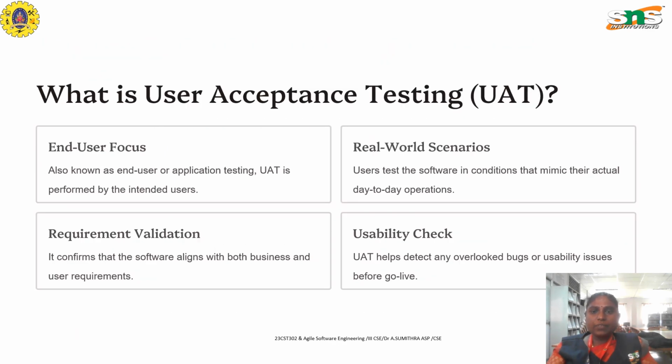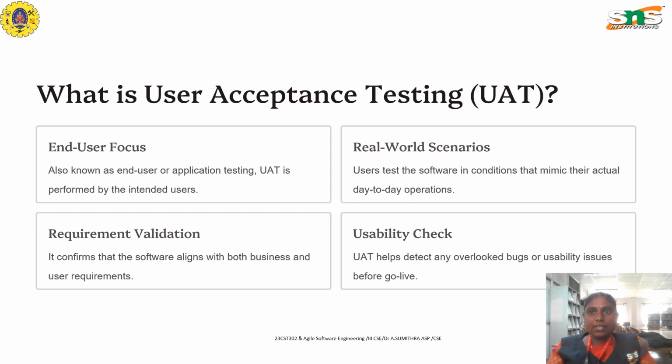The main purpose of this is validating the requirement, supporting user tasks, final quality check, and preventing defects. Validating the requirement is all about UAT confirming that the software fulfills the business needs defined before the project starts. For example, if a client needs an e-commerce application, UAT ensures it supports buying, payment, and returns.